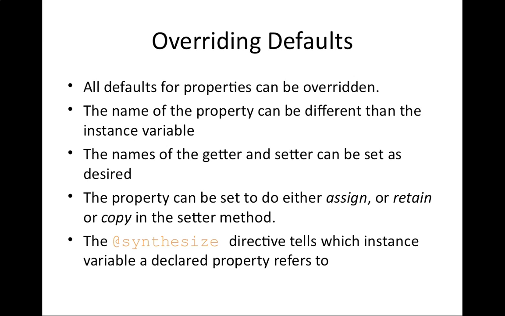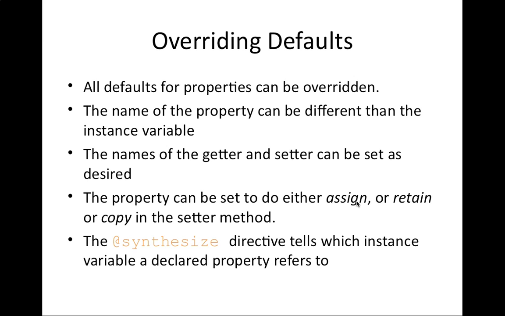Properties can be set to do either assign or retain or copy in the setter method as well. Because when we set something, we can retain what was there, we can release it, get rid of it, or we can assign it and overwrite what was there before.